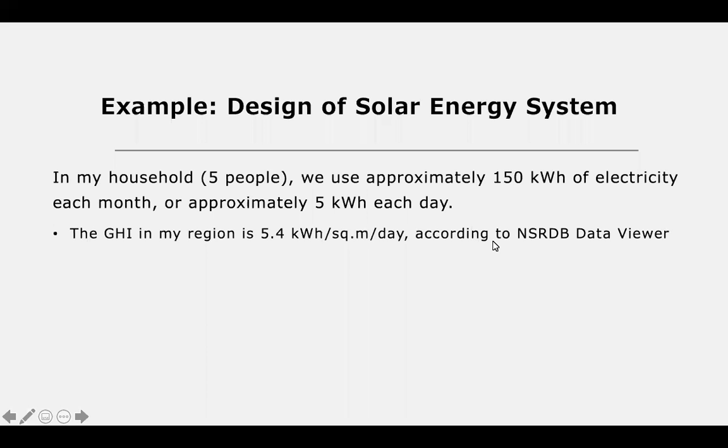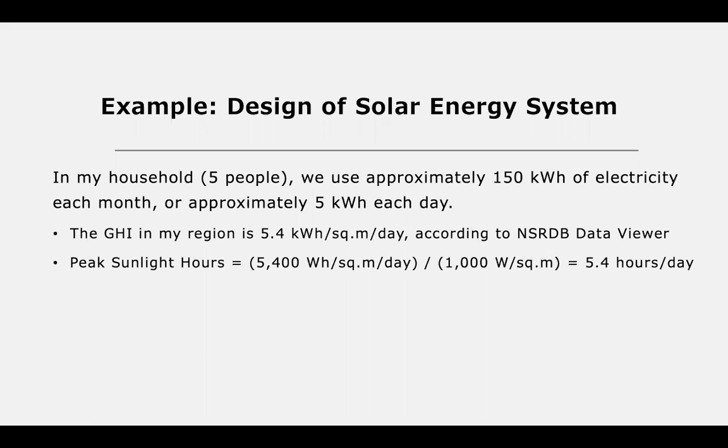Now that I have the GHI value for my region, peak sunlight hours is basically equal to the GHI value divided by 1,000 watts per square meter, which is the strength of the sunlight when it's more or less directly overhead. So if I take my value 5.4 kilowatt hours per square meter per day, I want to convert that to watt hours so that the units cancel out appropriately.